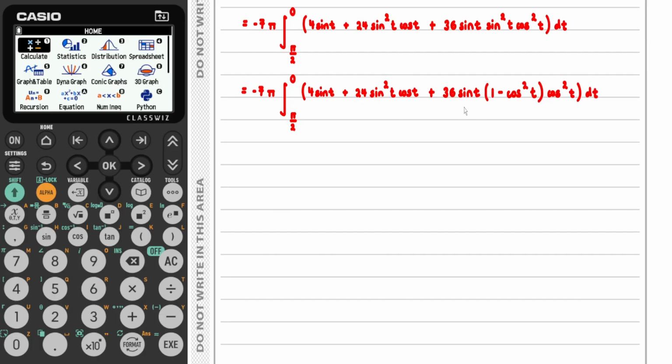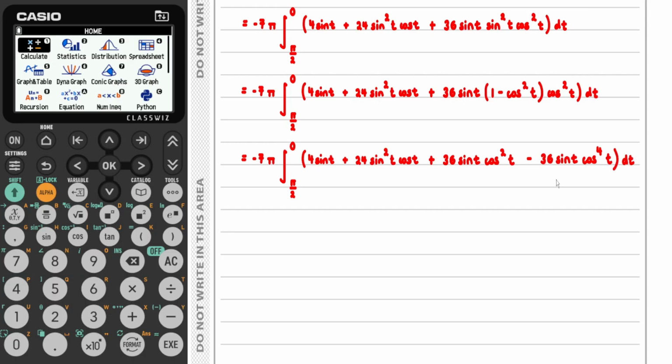And if I expand, I've got negative 7 pi times the integral from pi over 2 to 0 of 4 sine t plus 24 sine t squared cos t plus 36 sine t cos t squared, subtract 36 sine t cos t to the 4 dt.